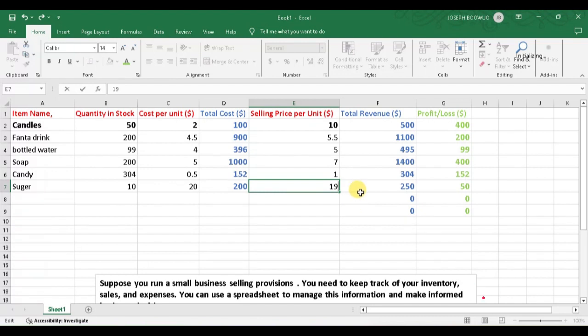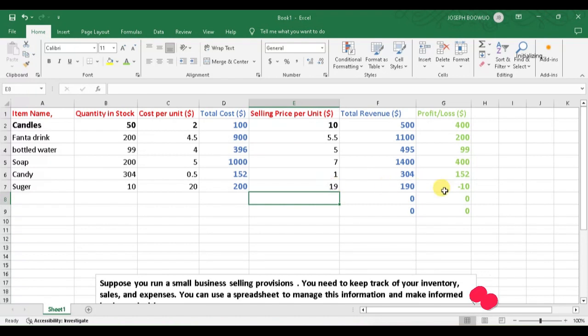You press enter. It's going to affect your sales because you have sold the item less than the amount you have bought it. So therefore, we are going to make a loss, and you can see the loss there is $10 negative. So once it's showing negative, it means you have made a loss. Okay, so take your time and play with the formula, and you'll be very conversant with it.